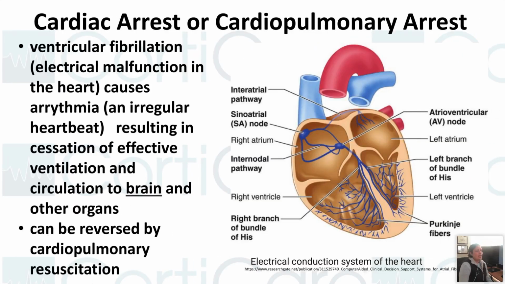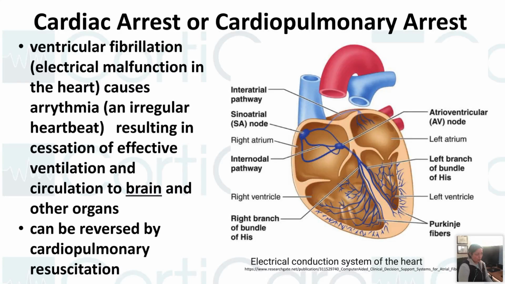Cardiac arrest, or cardiopulmonary arrest, is actually malfunctioning of the electrical conduction system of the heart. It's different from a heart attack. In cardiac arrest, the electrical conduction system goes haywire, which leads to irregular cardiac rhythms that we usually call arrhythmias. This leads to the cessation of circulation, not just to the brain, but to many other organs.